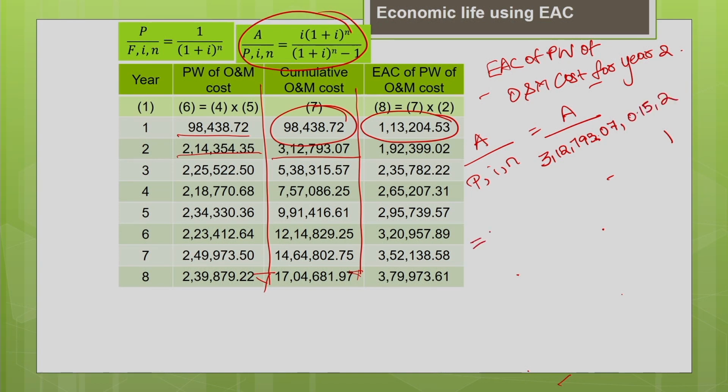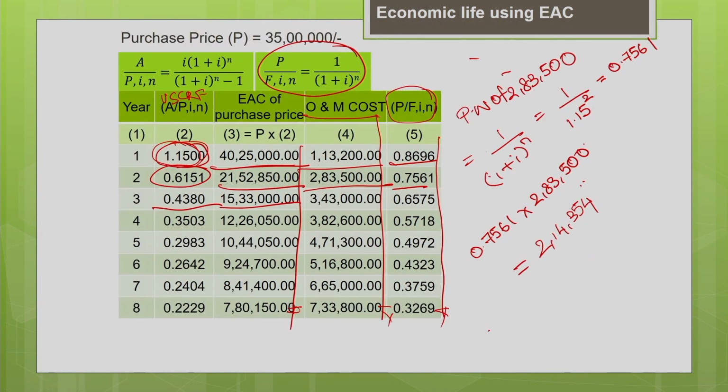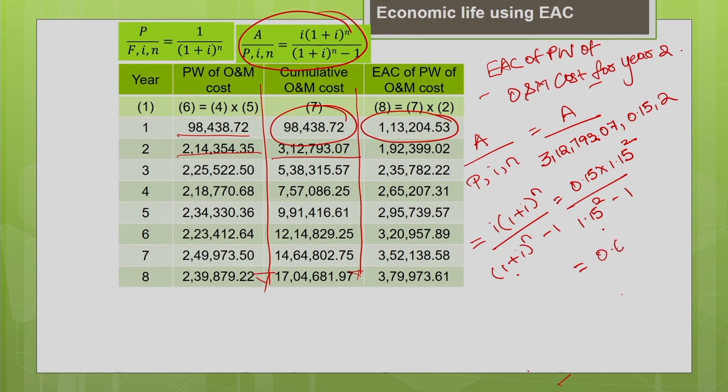Now calculate the capital recovery factor, which is I into (1 plus I) power n divided by (1 plus I) power n minus 1. So, it is 0.15 into 1.15 power 2 divided by 1.15 power 2 minus 1. That gives me the capital recovery factor as 0.6151, which we have already estimated.